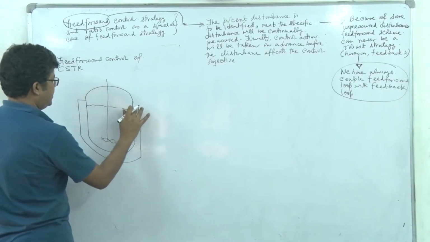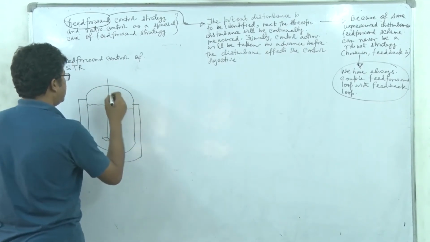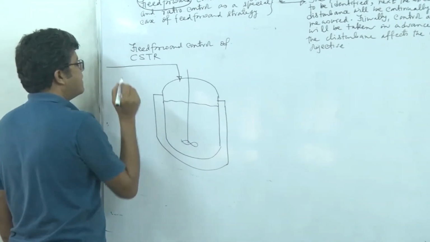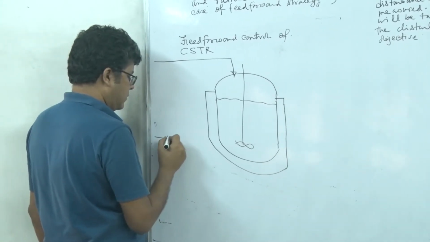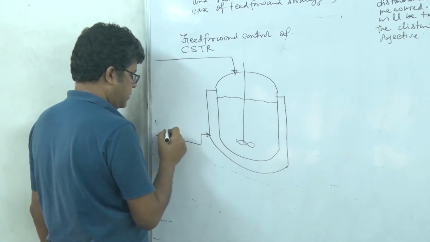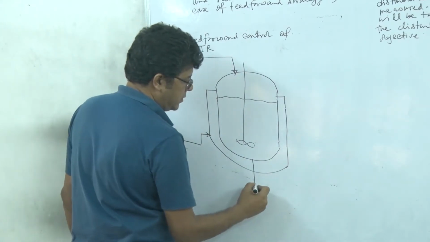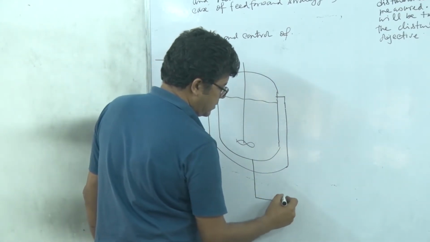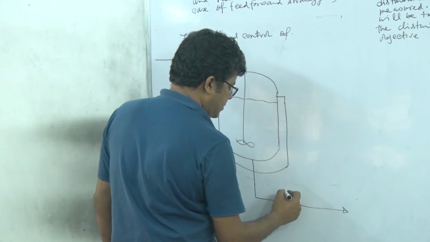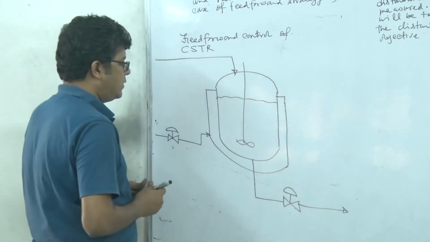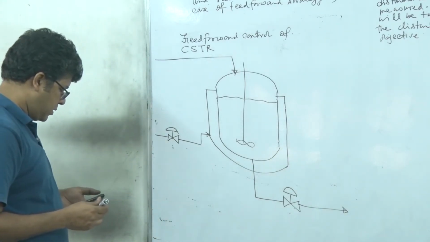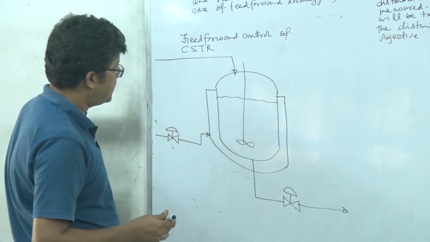This is the liquid level, and we have the feed, and we have two valves. One is in the coolant line, another is the product withdrawal line, and we have to go for implementing the feed forward control scheme here.